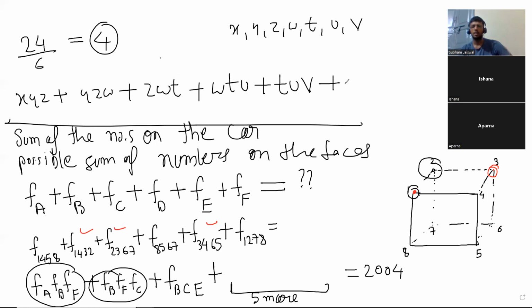T, U, V. Sir, can we say that if you take any two adjacent sides like BC, then you will get 2 different corners from that, like how we got BCF and BCE, the top and the bottom? So you're saying if you fix 2 faces.